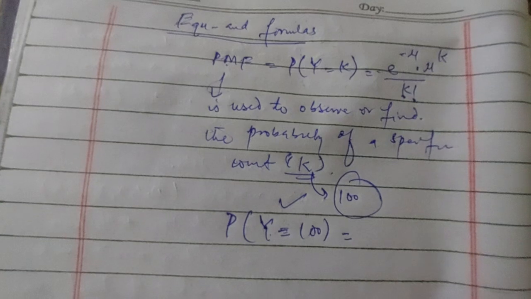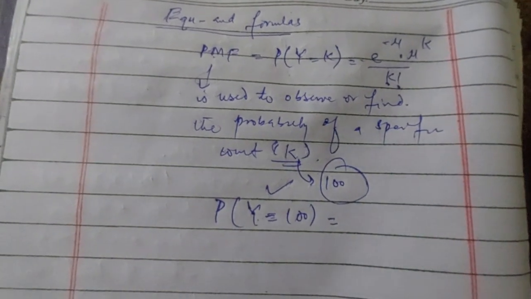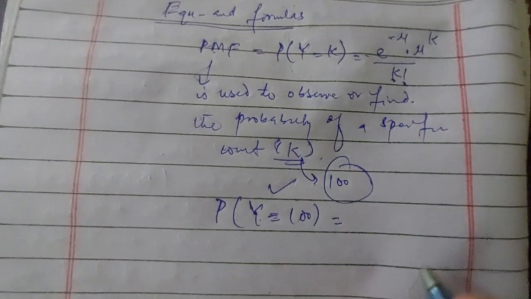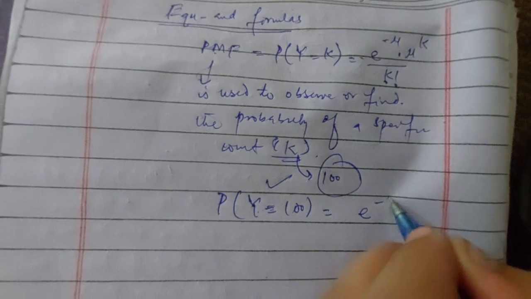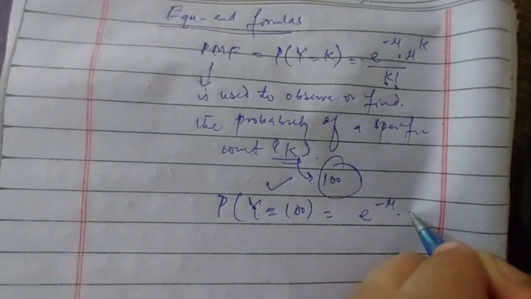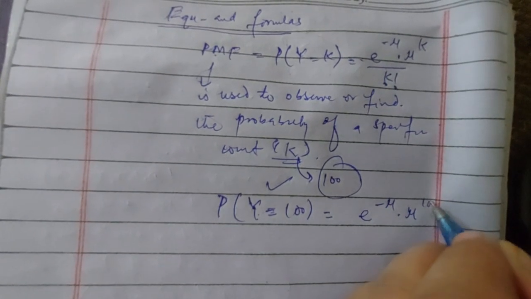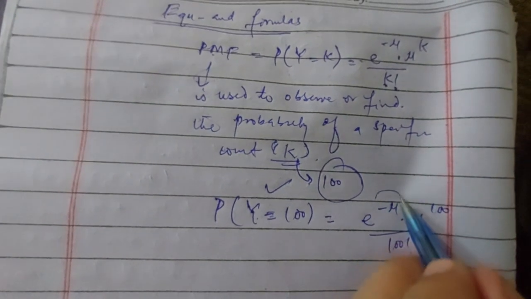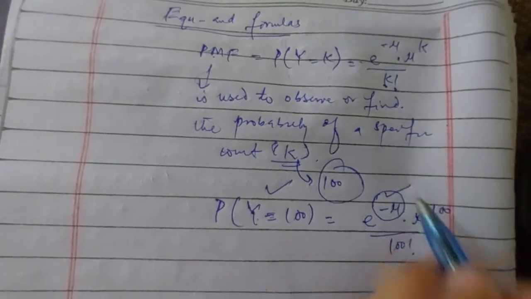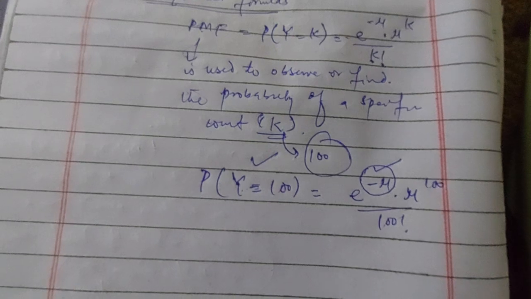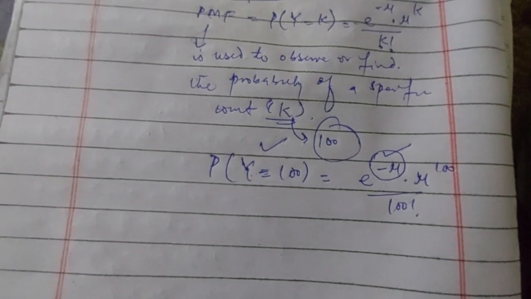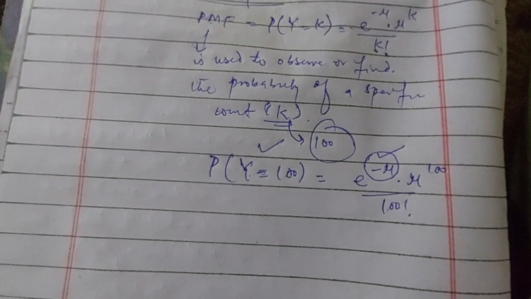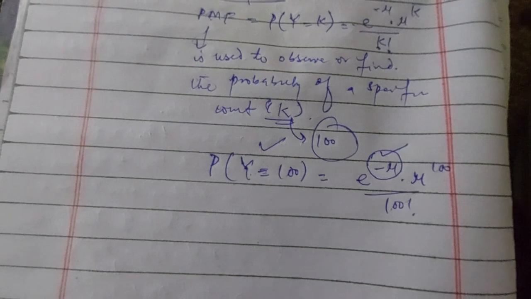From the previous data we have the value of the mean, so we use the formula. From the previous data we must have a value of the mean number of people coming into the supermarket per hour, so that can be used here.